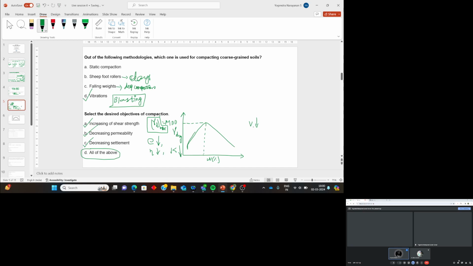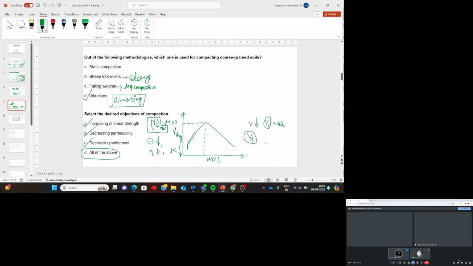Volumetric deformation means the volume of voids is decreasing, because the volume of solids will remain constant. They cannot change. Now the volume of voids should decrease. When you compact it, the volume of voids corresponding to air voids will decrease.